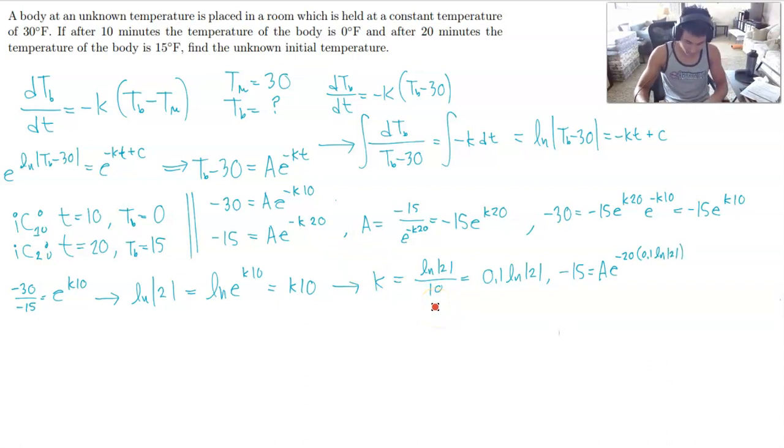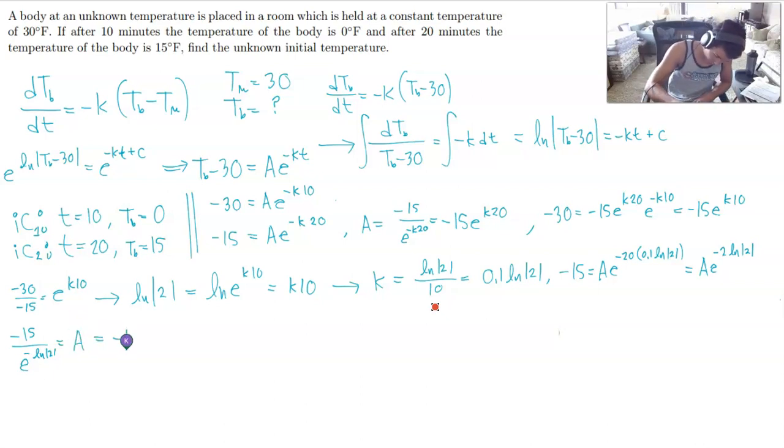And if you isolate for a, or let me just write this out for you at least, a is equal to negative 20 times 0.1, which is negative 2 ln2. Okay, and as you can see, we get negative 15 divided by e to the negative 2 ln2 is equal to a. And then you could write that, that's the same thing as negative 15 e to the ln2.